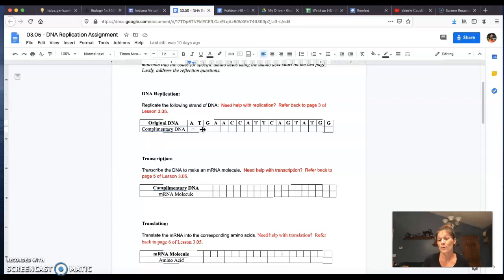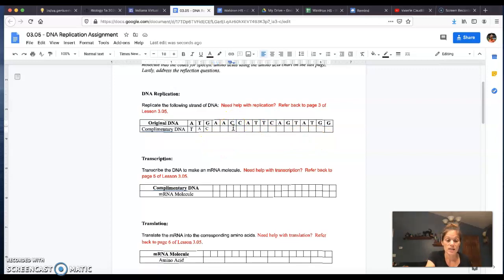Something you have to remember from the lesson is the complementary base pair rule: adenine always pairs with thymine, and guanine always pairs with cytosine. So the complementary DNA here is A pairs with a T, T pairs with an A, and G pairs with a C. What you'll do is continue on, filling in these bases as you go.